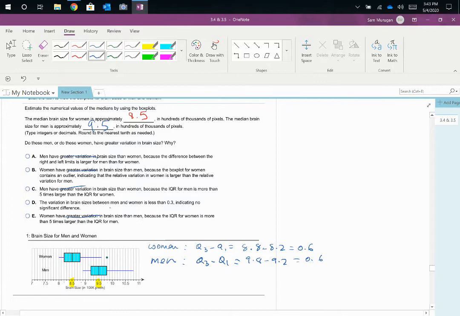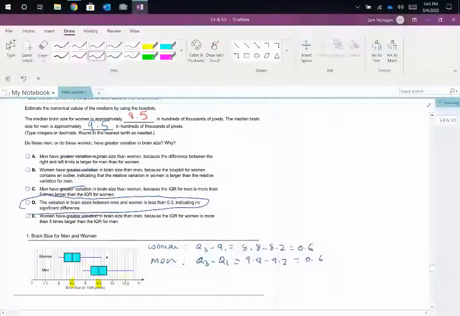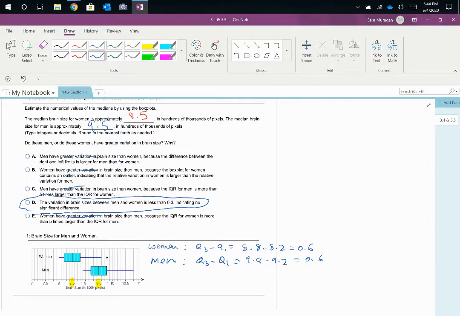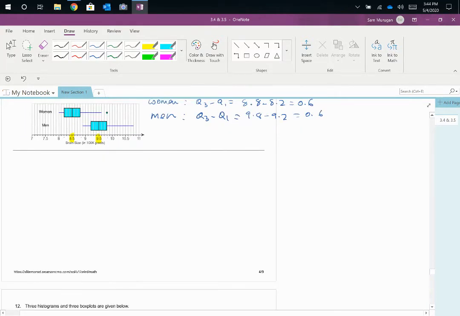The variation in brain sizes between men and women is less than 0.3, indicating no significant difference. Everything that says greater, somebody has greater variation. If the variation is less than 0.3, then it's a really small variation.